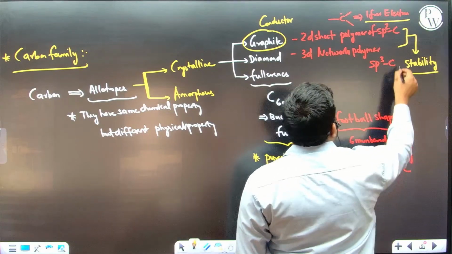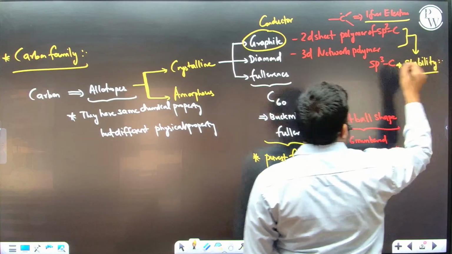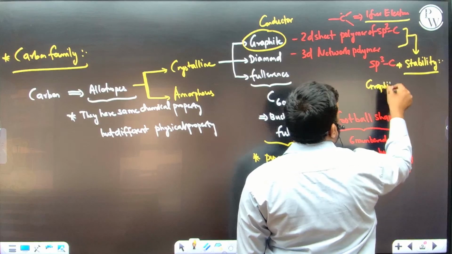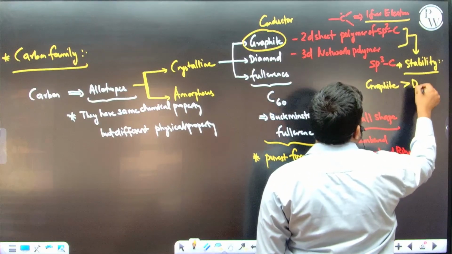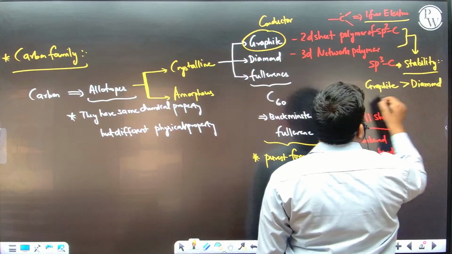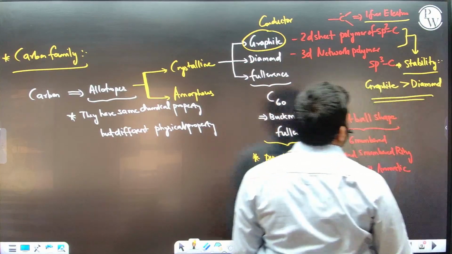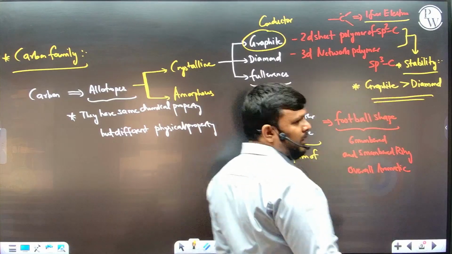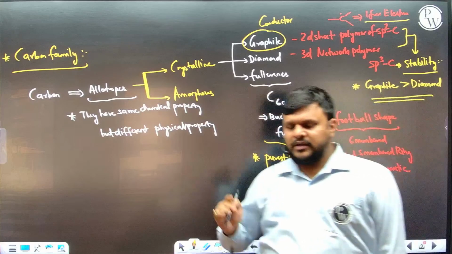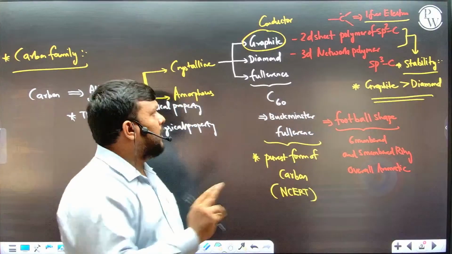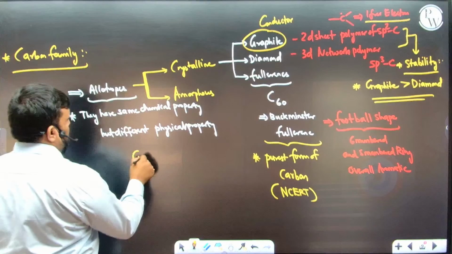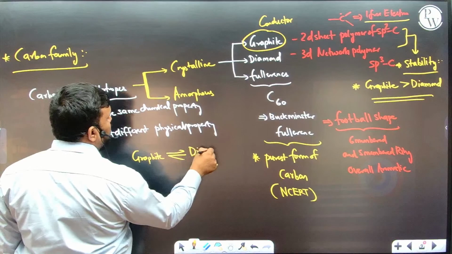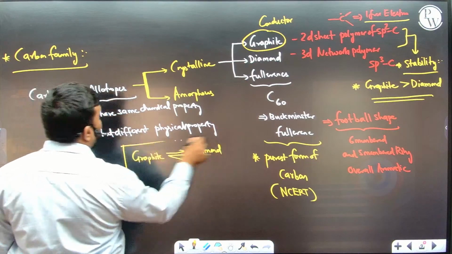A very interesting fact comes between these two: graphite is more thermodynamically stable than diamond. Because in nature, this equilibrium between graphite and diamond is a process going on inside the earth crust.